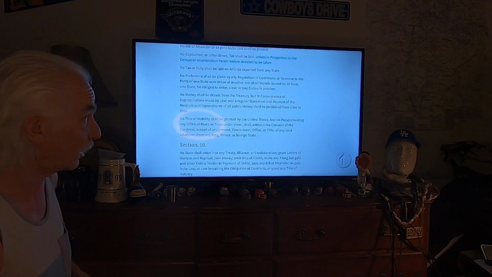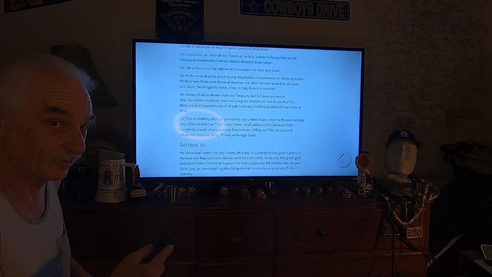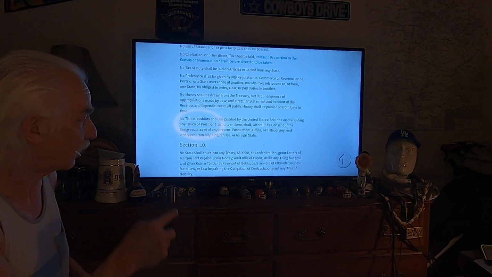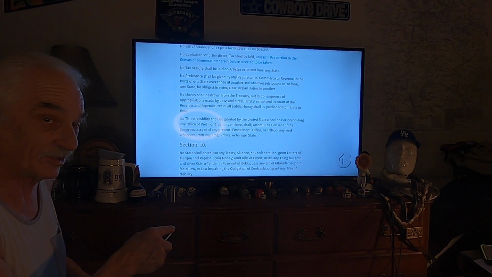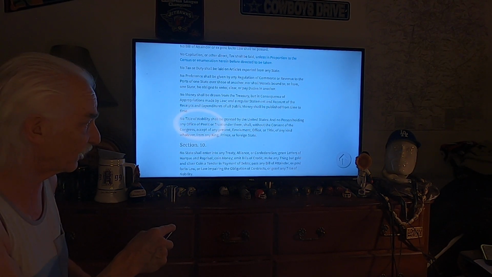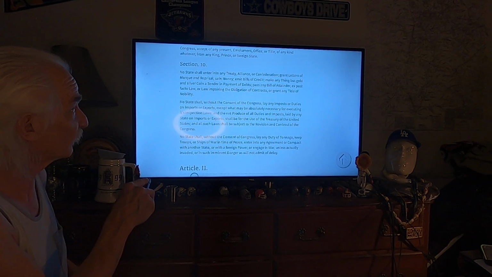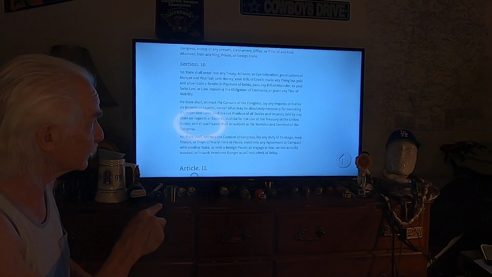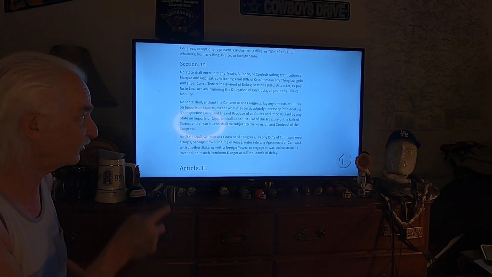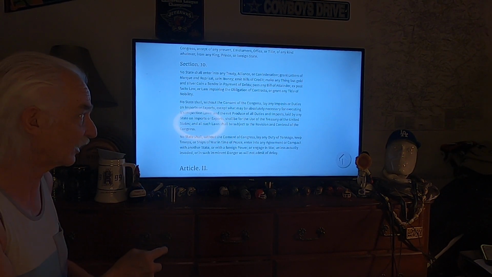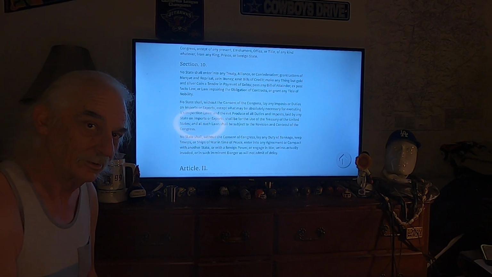The anti-monarchy sentiments of this document are probably as clear in that single line as anywhere in the Constitution. Section 10 starts to lay down some further restrictions on what the states can and cannot do.